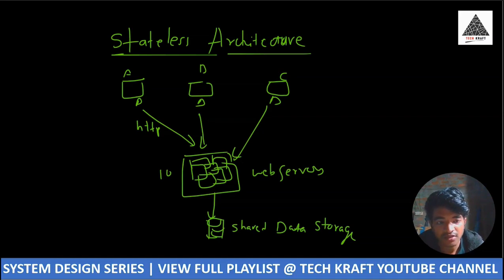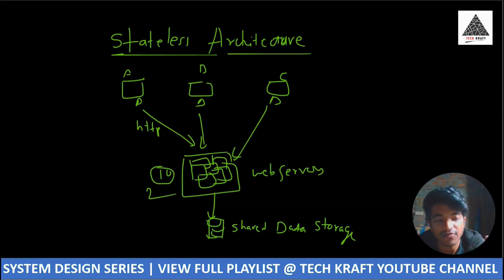So why do we use this? We have stateful architecture also, right? In this, I have said we have 10 web servers, but adding and removing web servers is very easy. Even if two of the 10 web servers fail, 8 web servers will work fine, and we can easily add another web server because of the scalability in stateless architecture.